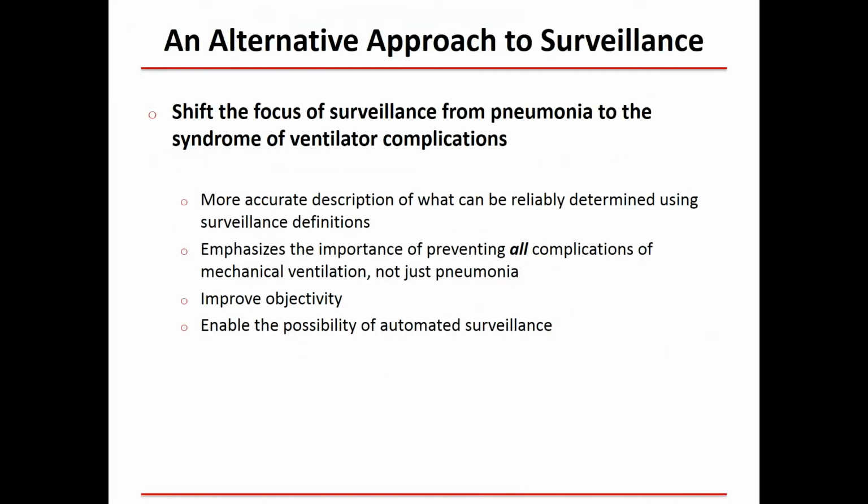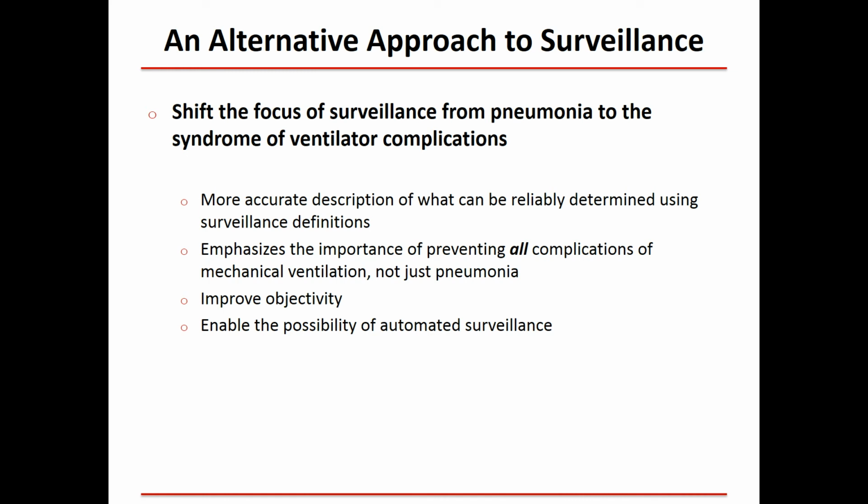This is an alternative approach to surveillance. The thinking is that if at the end of the day we can't tell with certainty who does or does not have pneumonia, maybe we shouldn't be focusing our surveillance on pneumonia. Let's look more broadly for the syndrome of complications in general in ventilated patients.